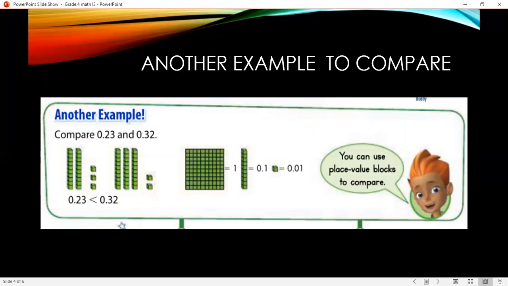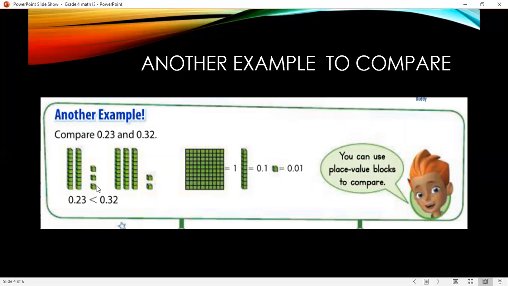Another example to compare will be to compare 0.23 and 0.32. If we look at 0.23, we have 2 tenths and 3 hundredths.